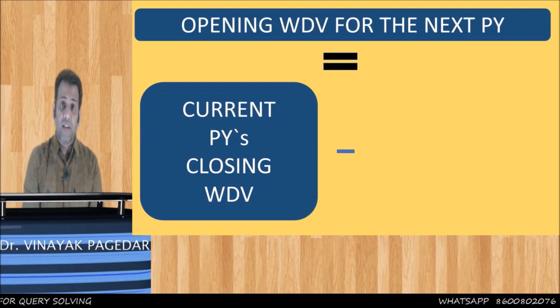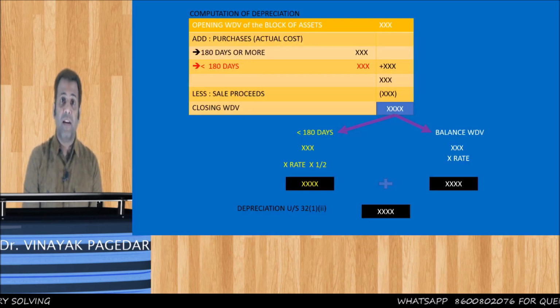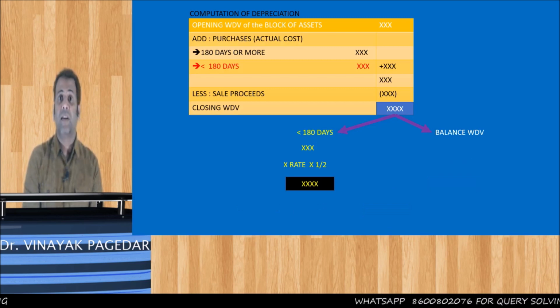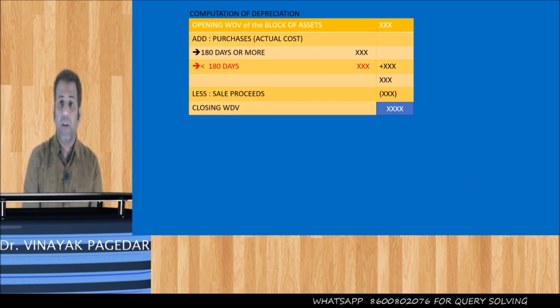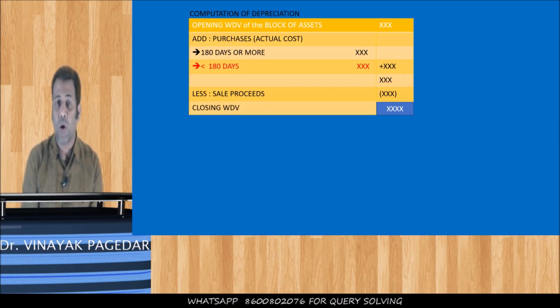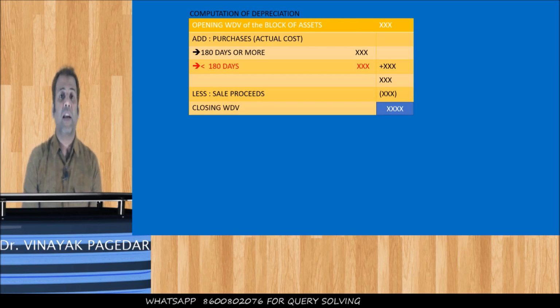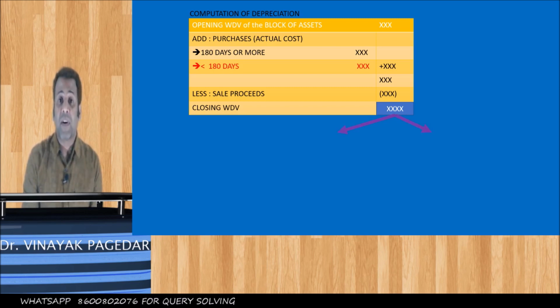Correct? Once again, let's look at how we go about it. We start with the opening WDV, add the purchases, the actual cost of assets acquired and put to use in the block. We separate the 180 days or more use and the less than 180 days use. From this, we subtract the sale proceeds. Why?